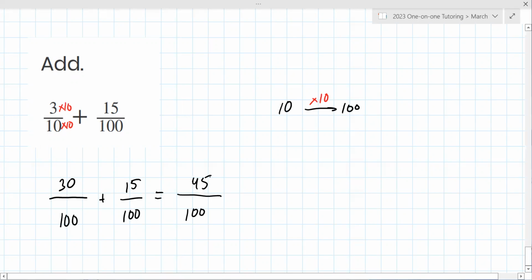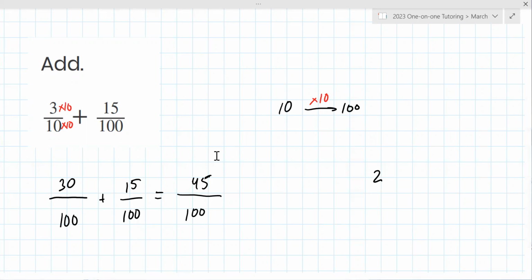Now, can we reduce these fractions? Can we divide the top and bottom number by, say, 2? Does 2 go into the bottom? Yeah. It does. So it doesn't go into both, but it does go into the bottom.